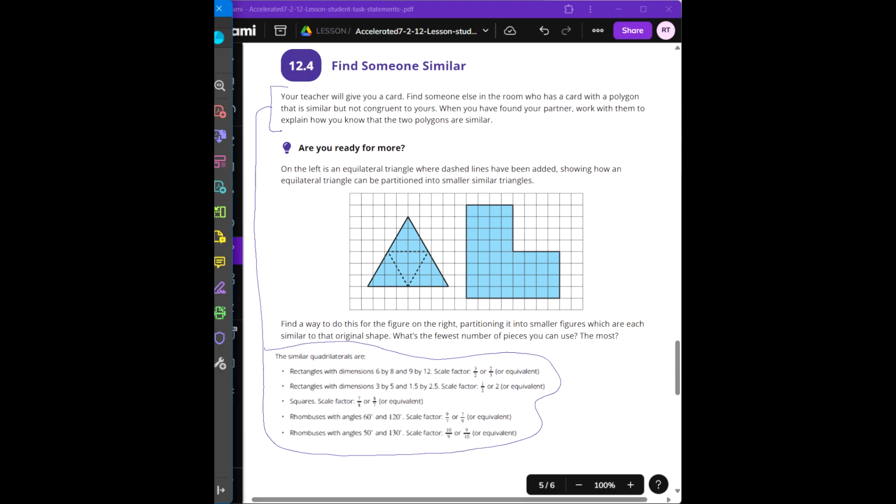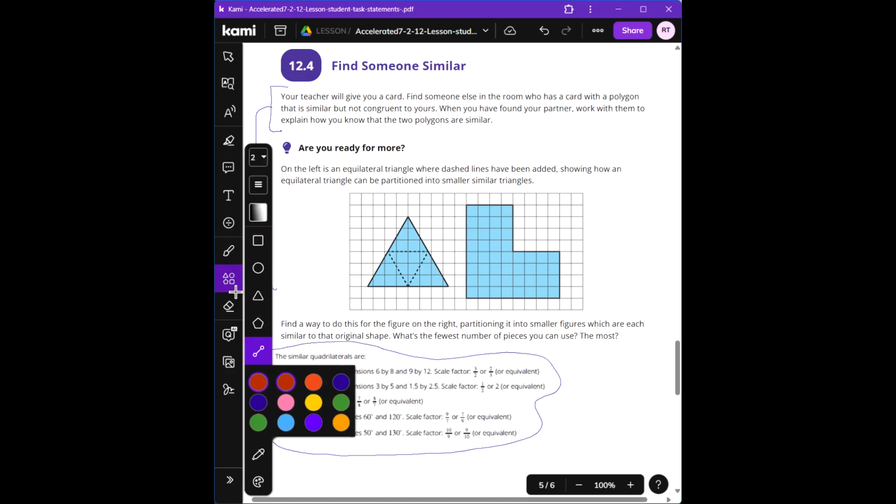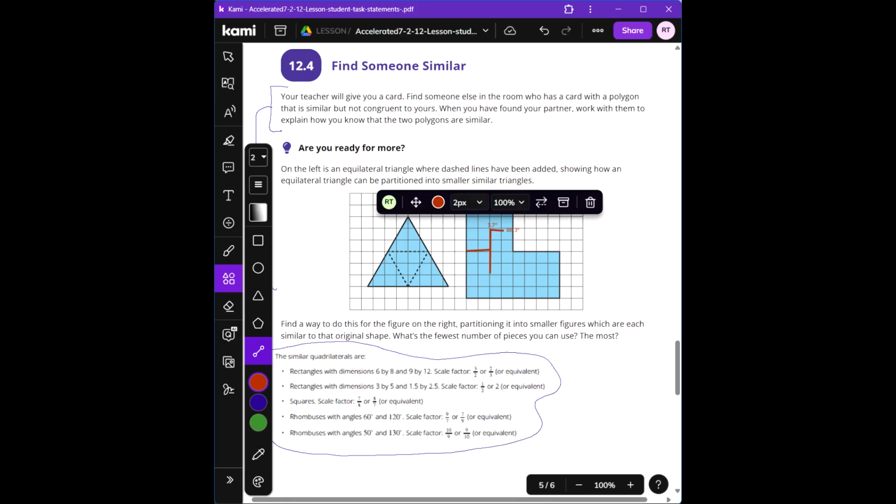Okay, so one thing we can do is, let me get to my drawing here. If we split this in half, what we can do is draw these shapes.